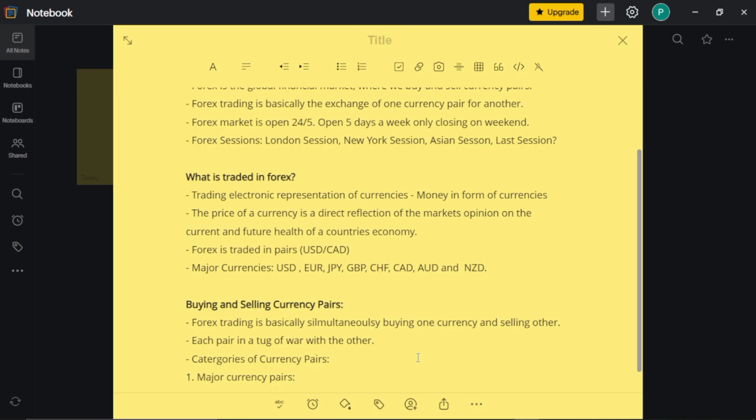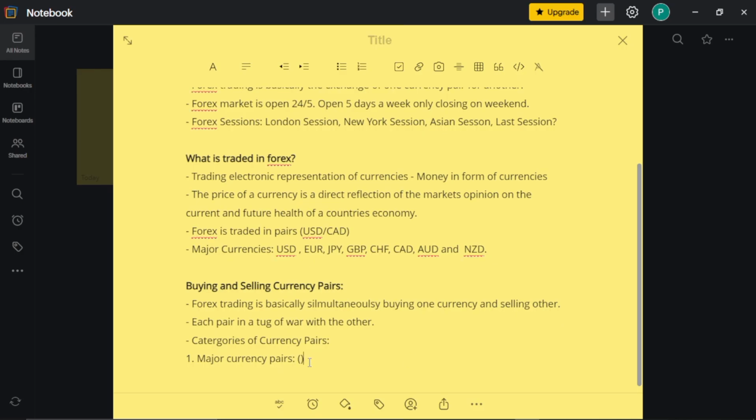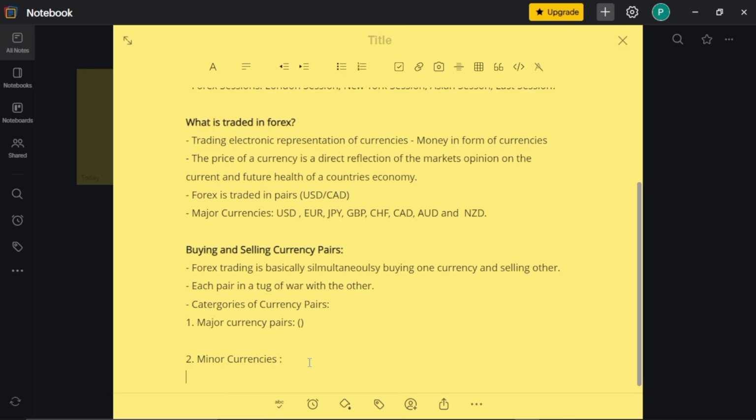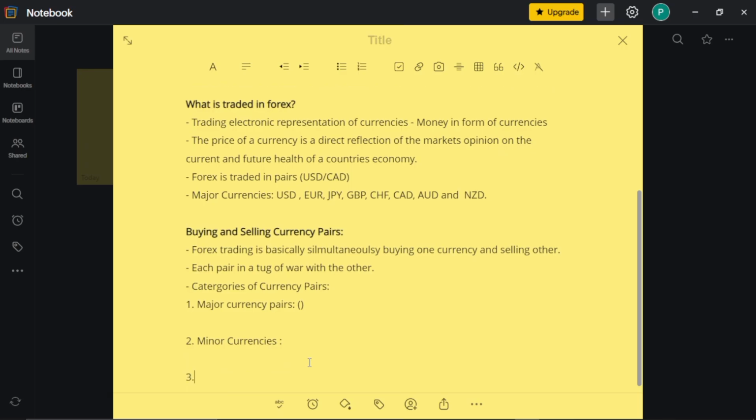We have the major currency pairs, and we'll come to that shortly. The second one, number two, is minor currencies. And the third one, what we call exotic currencies.